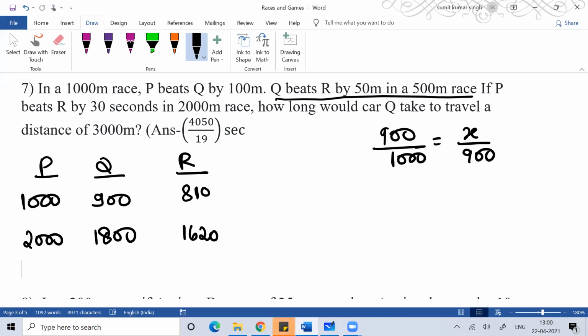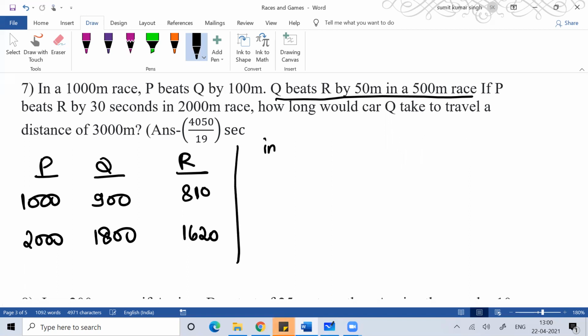Now you can understand that in a 2000-meter race, P would have beat R by 380 meter.